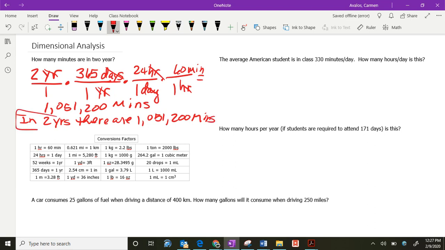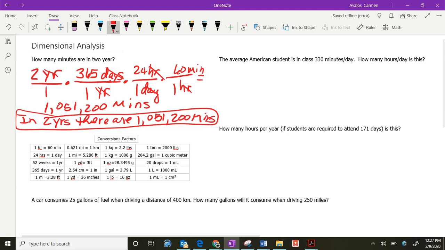So that is your answer. Any word problem is always going to require an answer because that is part of the solution, knowing what you found.